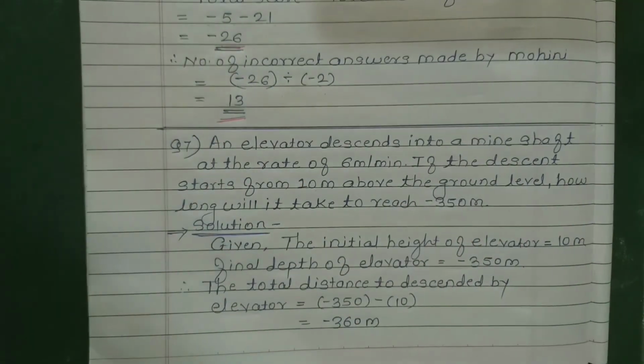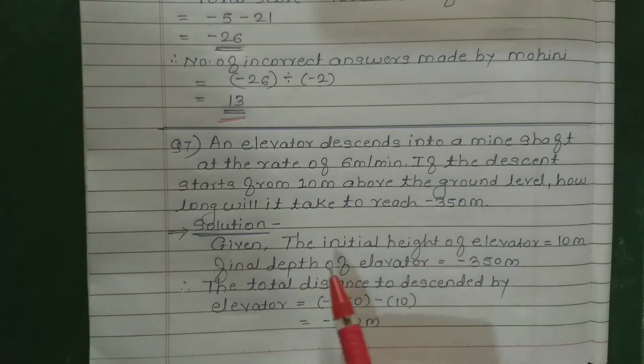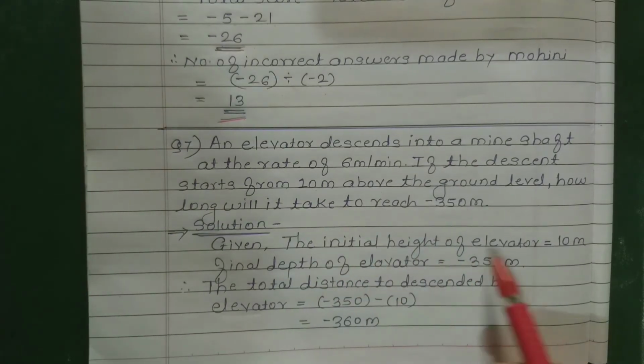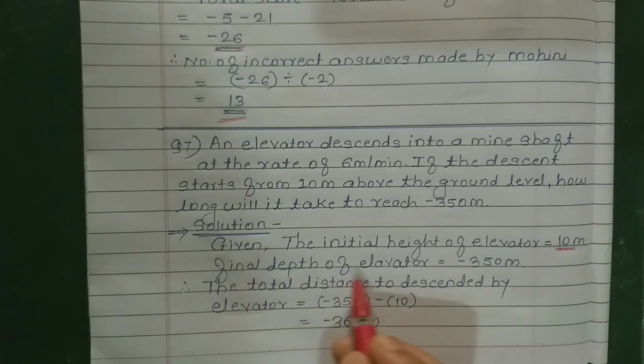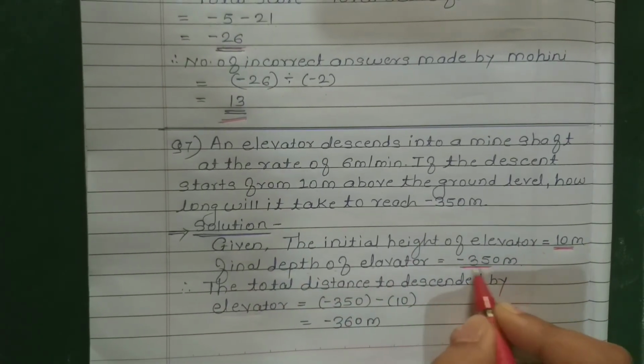That means the elevator starts at a height of 10 meter above the ground level, and it descends into a mine shaft, which means it is moving in the opposite direction. So the initial height of the elevator is 10 meter and the final depth of the elevator is -350 meter.